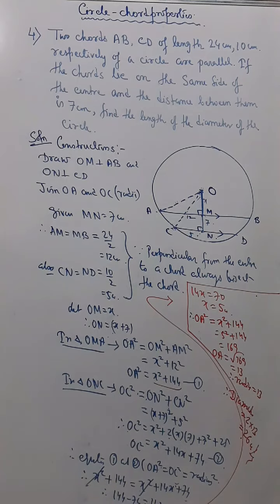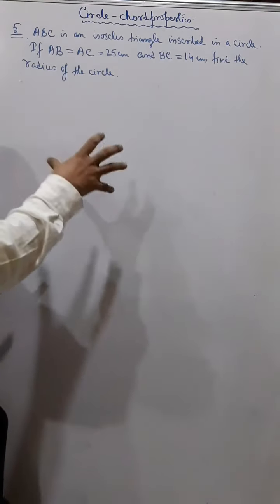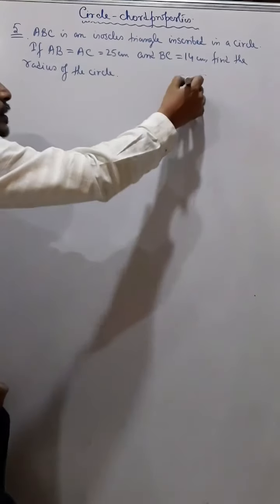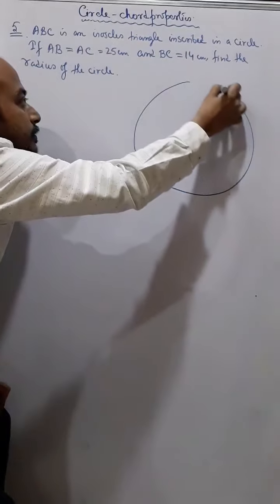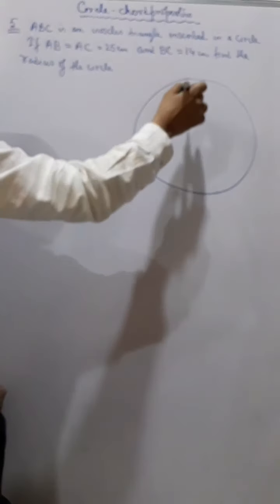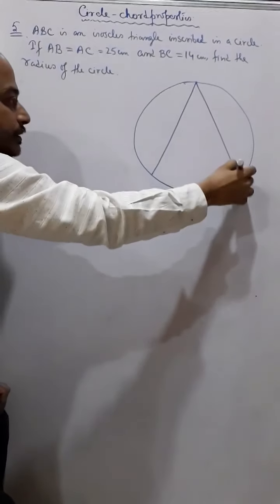Okay, understand? Okay, now say in this sum they told ABC is an isosceles triangle inscribed in a circle. So that means the triangle is inside the circle. Okay, so this is the circle and say this is the triangle.